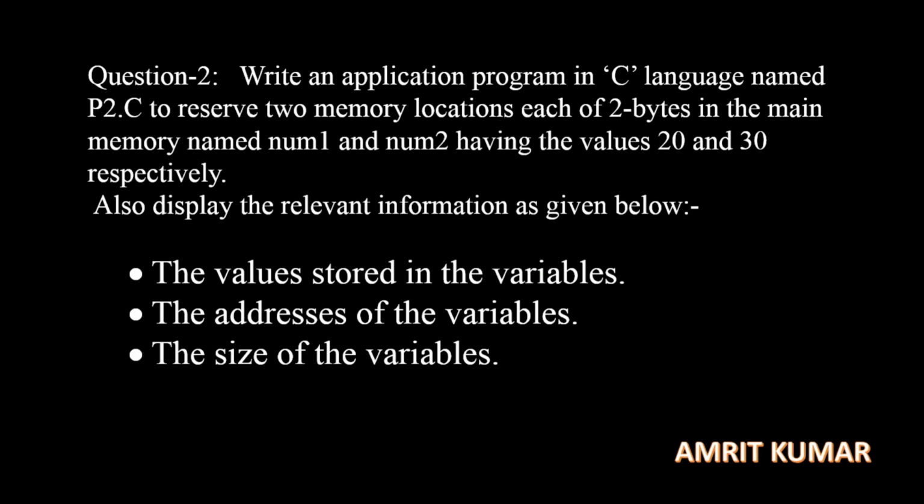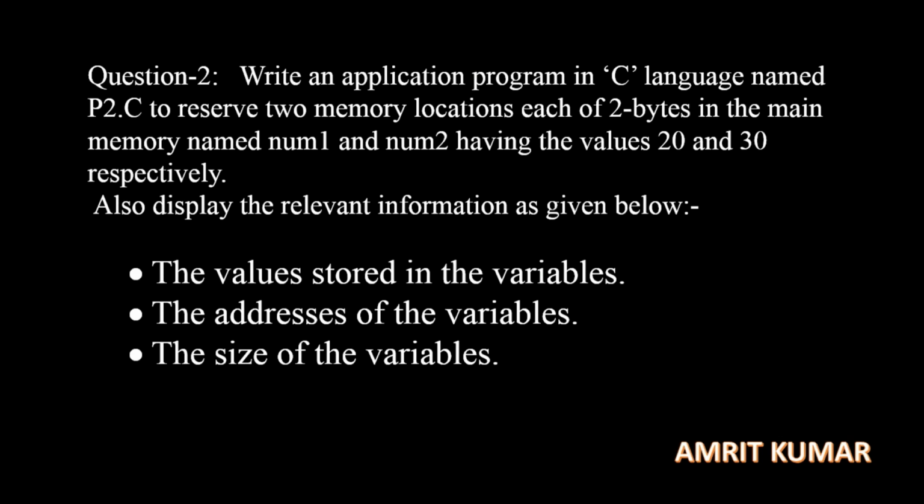Now we are considering an application program in C language, and whatever name you give is your desire; I am using p2.c, to reserve two memory locations, each of 2 bytes. We have studied that the integer data type stores 2 bytes of memory.